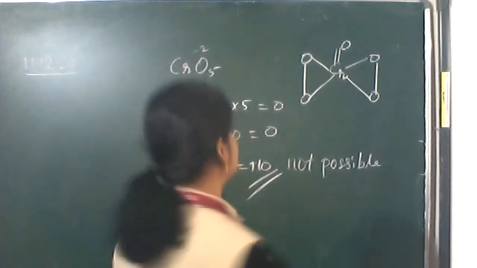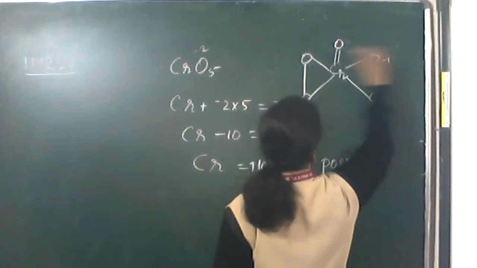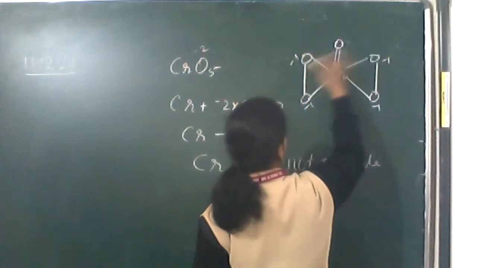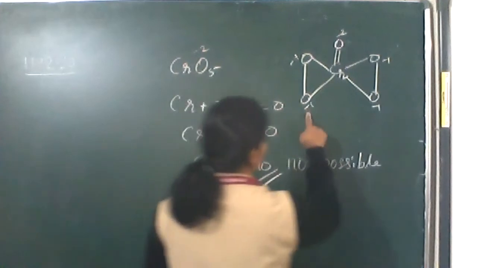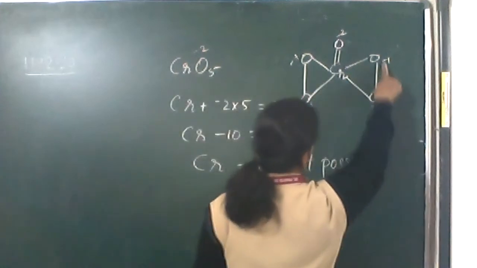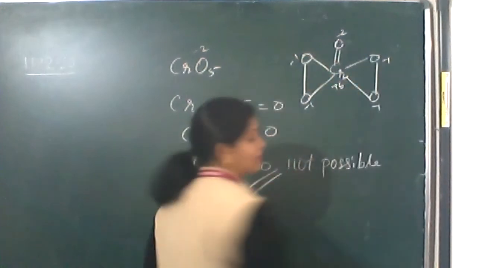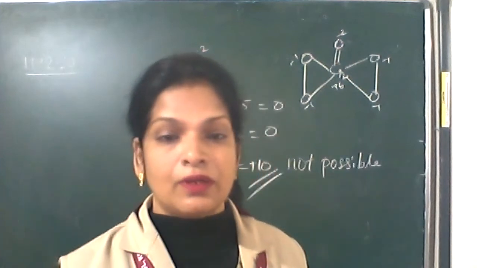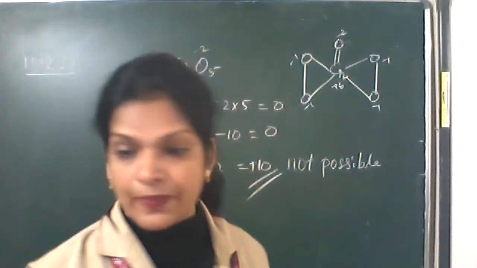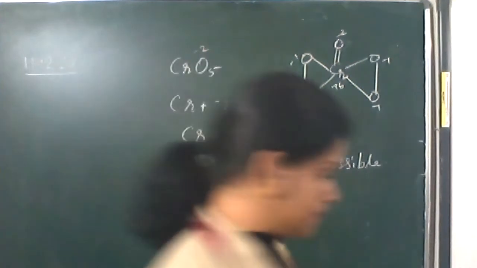So this is minus 1, minus 1, minus 1, minus 1 for the peroxide, and this is minus 2. So minus 1, minus 2, minus 3, minus 4, minus 6. So chromium will be plus 6. By taking the structure, we account for the fallacy. Next, we are moving to types of redox reactions.